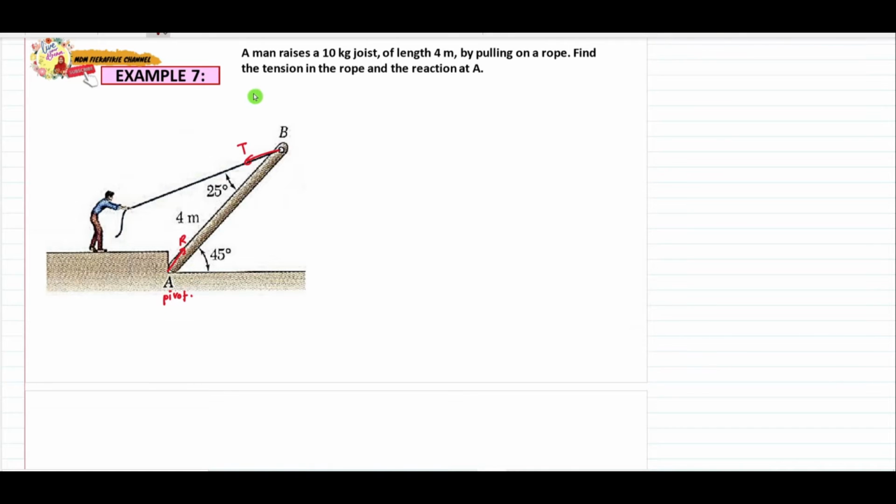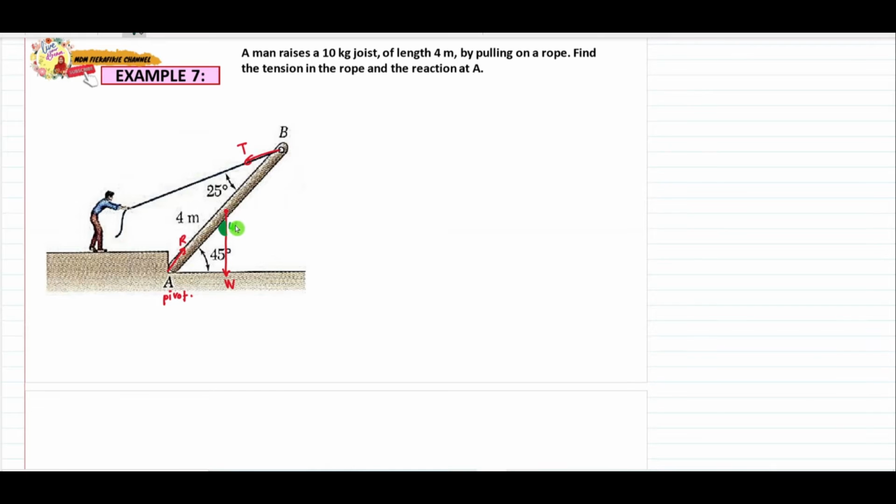So now let's draw another force that we have on the joist. So we have another force which is the weight of the joist at the center here. We draw it straightly downward. So if here is 45 degree, means that here also 45 degree.